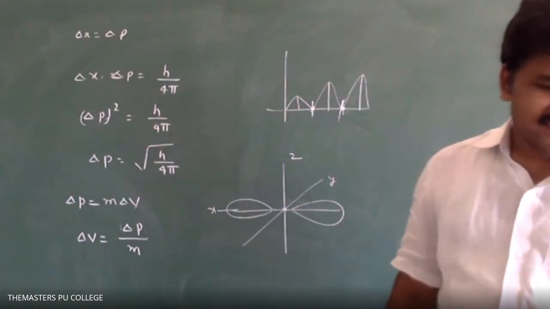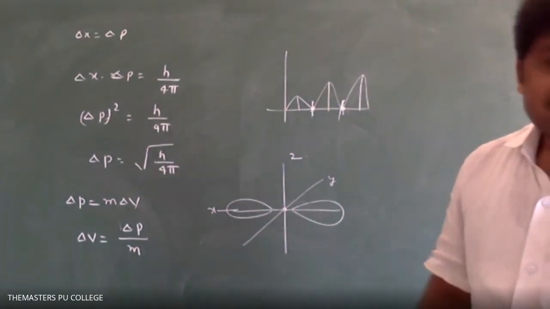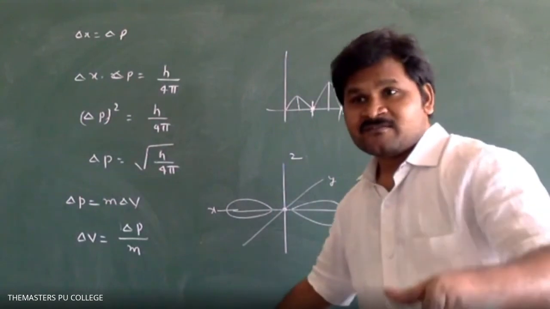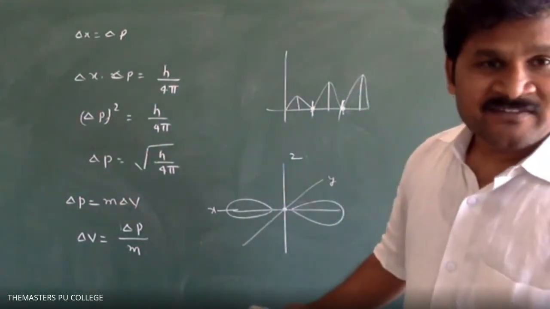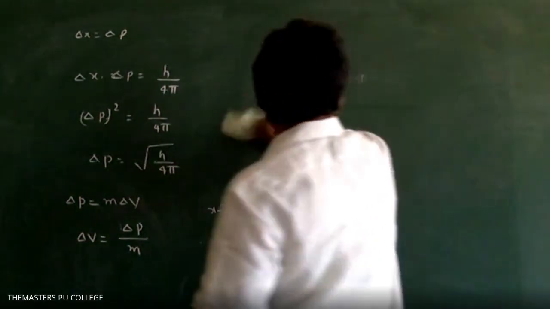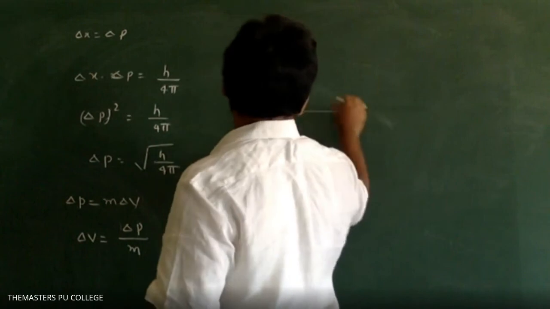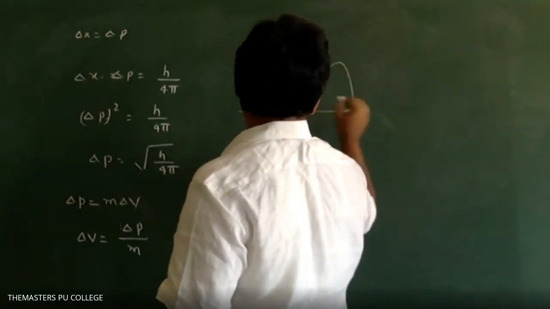Question number 63. This we also discussed in the notes. For the 2s orbital, what graph will we get?